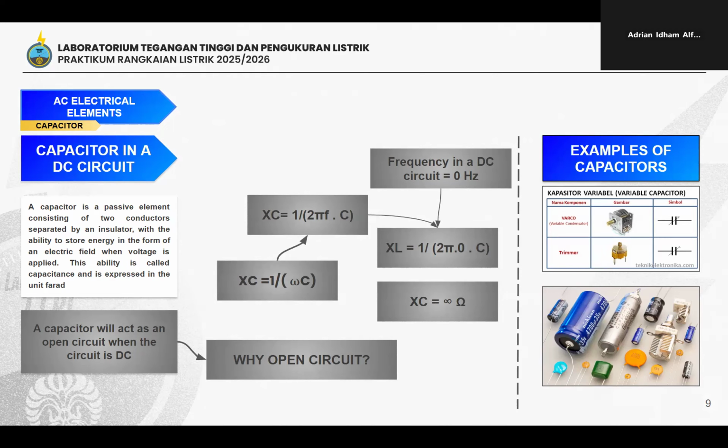This ability is called capacitance and is expressed in the unit farad. A capacitor will act as an open circuit when the circuit is DC. This is the reason why the capacitor acts as an open circuit, and this is a sample of a capacitor.